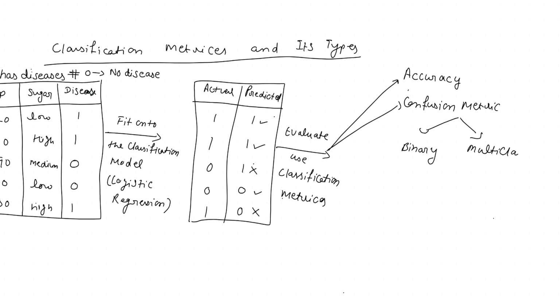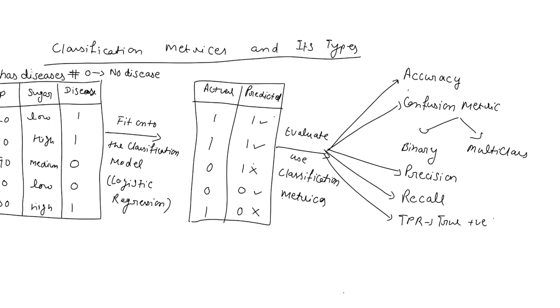The next classification metric is precision. Very popular. And the next one is recall. After that, you have TPR, which we call true positive rate.